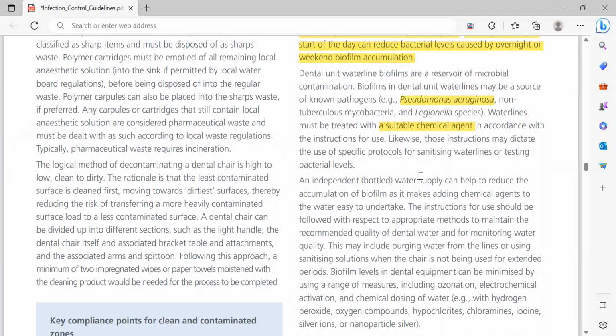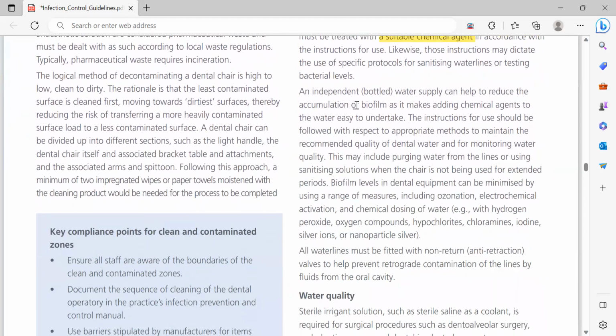So there should be some chemicals mixed in the water to reduce the amount of biofilm. An independent or bottled water supply can help to reduce the accumulation of biofilm as it makes adding chemical agents to the water easy to undertake.